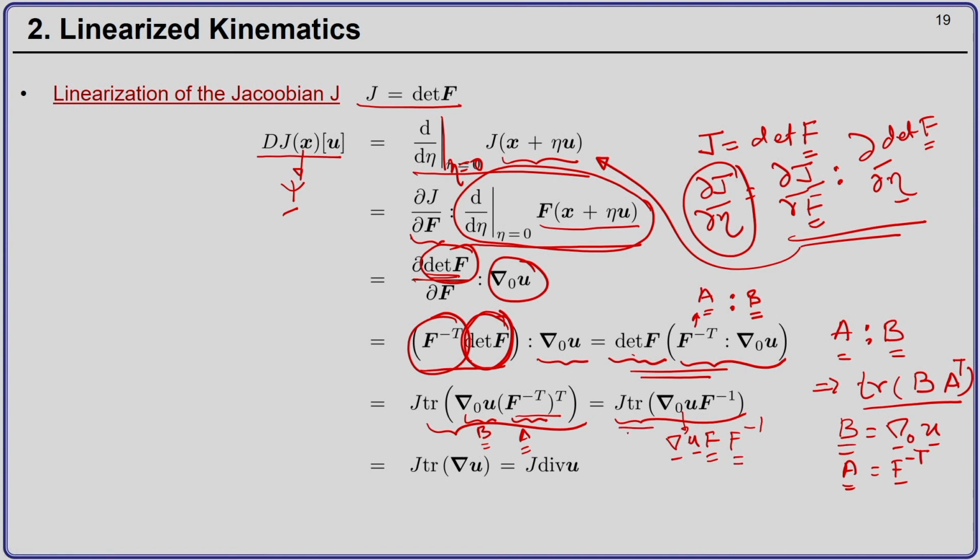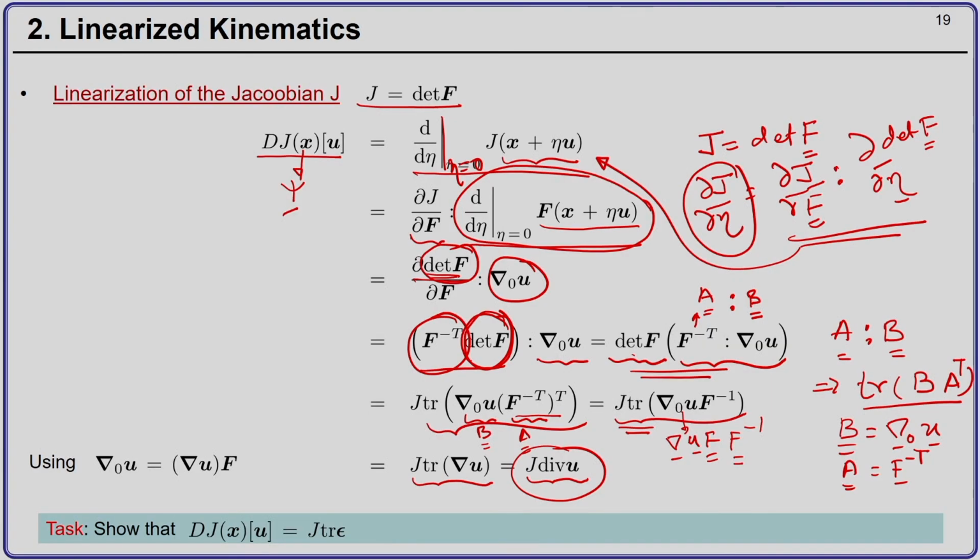So, our relation boils down to J times trace of the spatial gradient of u. And you also know that trace of the gradient is nothing but the divergence. So, finally, you get J divergence of u. This relation shows the directional derivative of the Jacobian evaluated at x in the direction u, that is, J divergence of u, is the change in the Jacobian for a small change u in the current configuration.